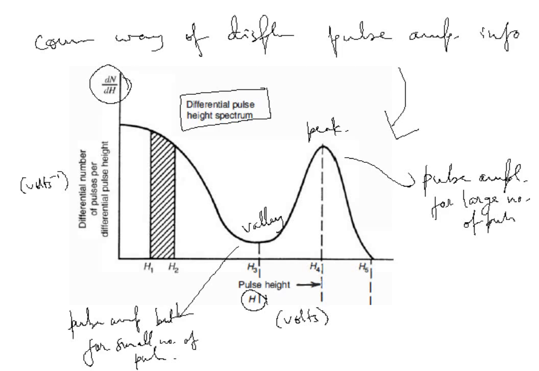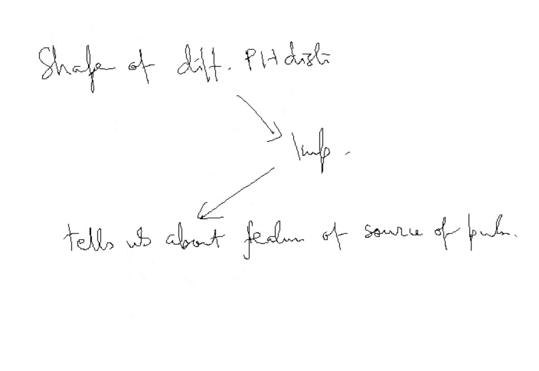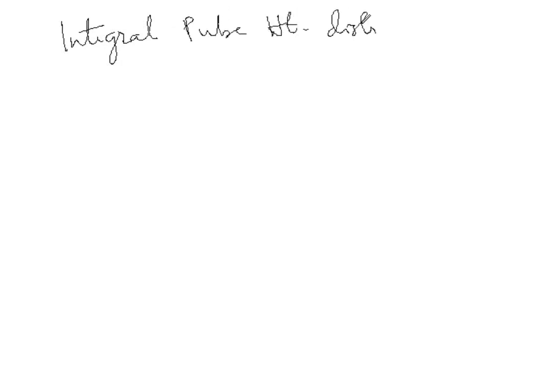Now let me, after discussing this, talk about another way of displaying information about the distribution of pulse amplitude, and that is the integral pulse height distribution.